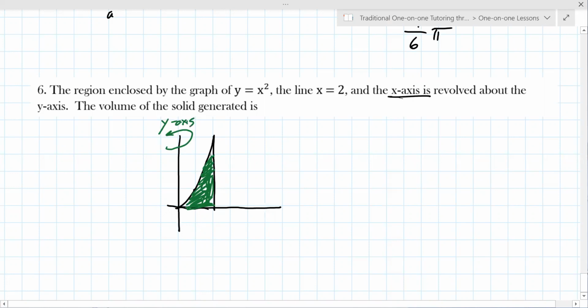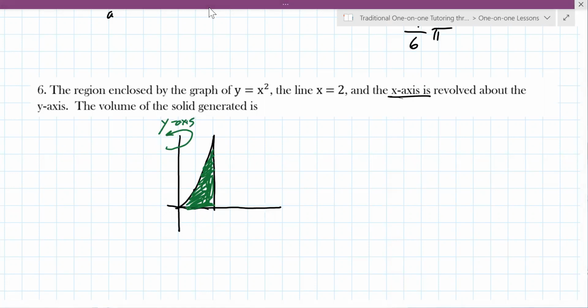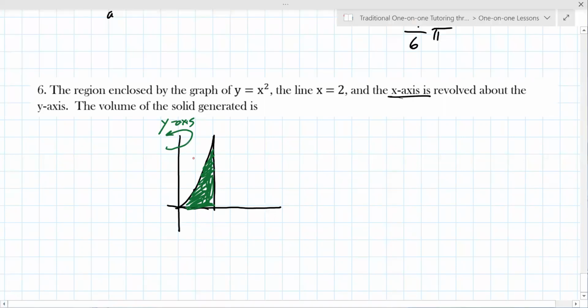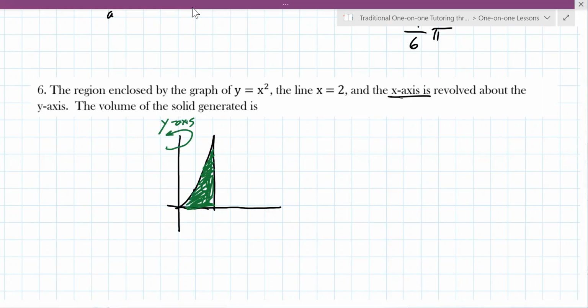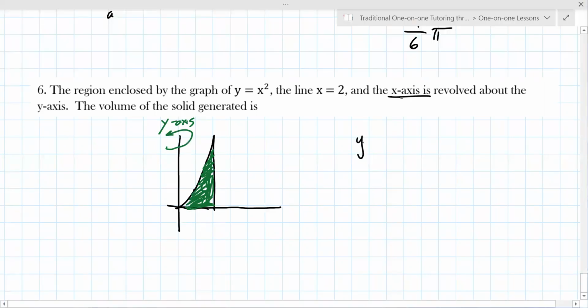Okay, so this is a washer problem because there is a gap between the region you care about and the axis. So when there's a gap, it's the washer method. And the difference between y-axis and x-axis is that now you think in terms of right minus left.